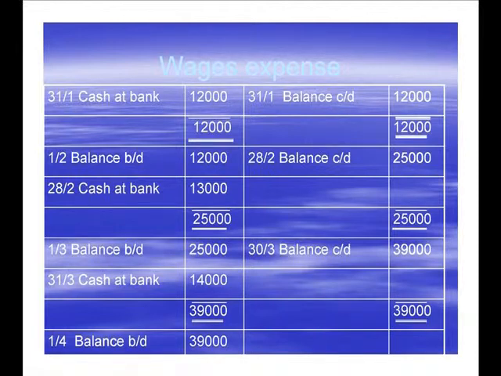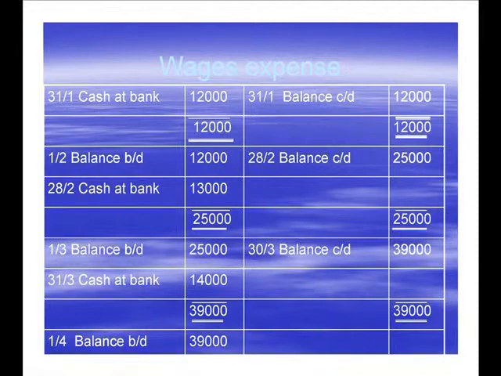Here, just to give you an example, wages expense account. On 31st December, we assume that monthly posting is done. So cash at bank account credit and wages account debit here. Then from where we get this 12,000? This is the total of the cash payments journal wages column.